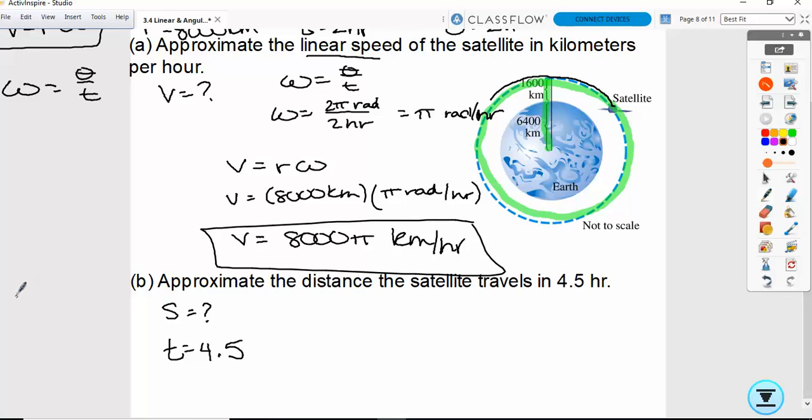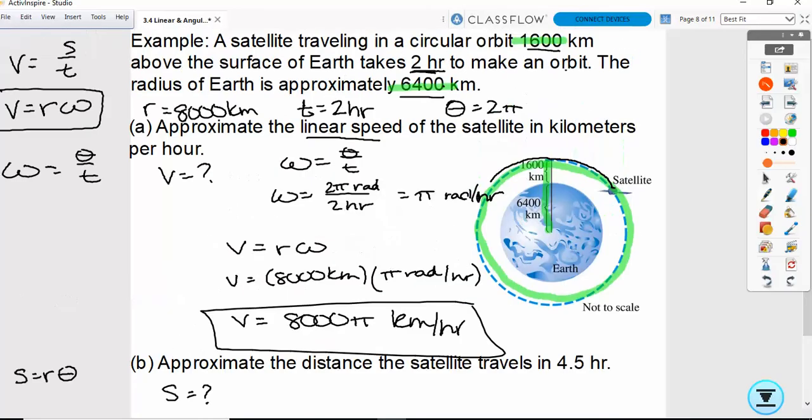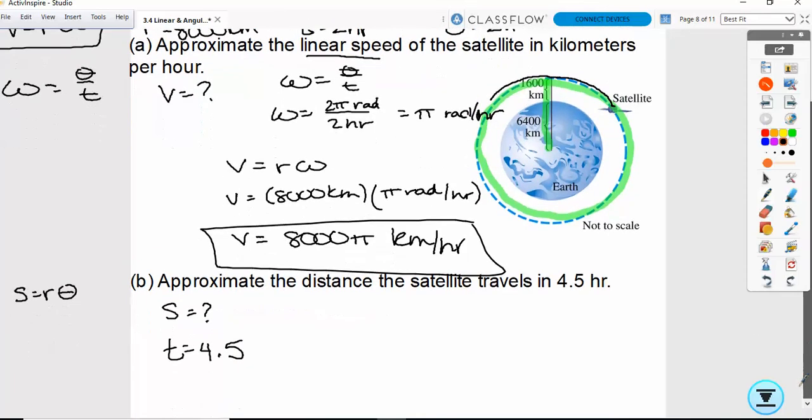So my options are S equals R theta, but the theta we had was for a different time period, wasn't it? Because it told us that it takes 2 hours to go 2 pi, so the theta that we used in part A is not the same here, because they're traveling for different amounts of time.